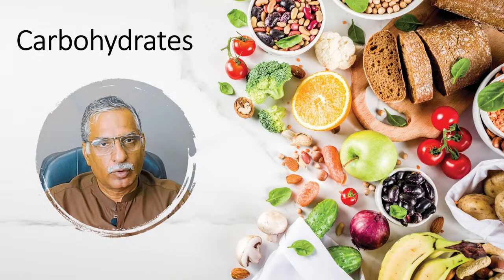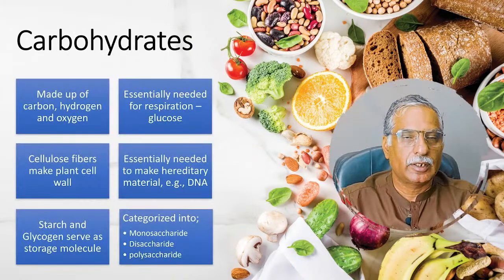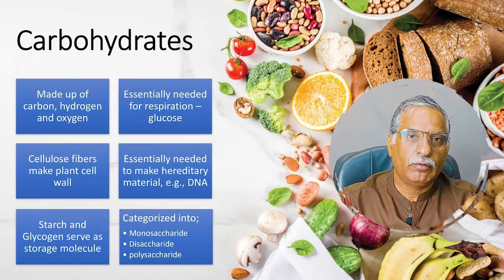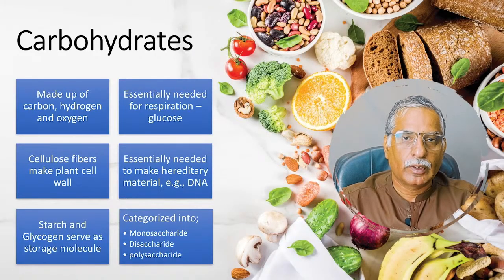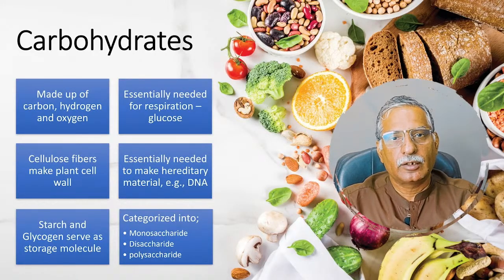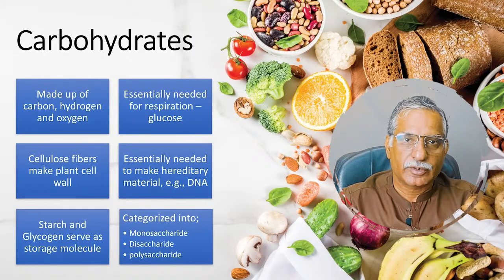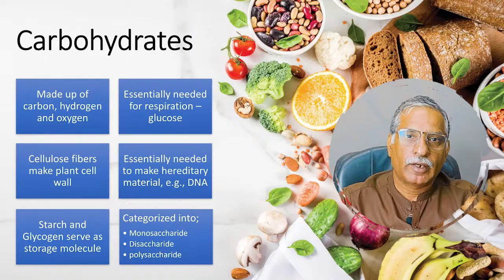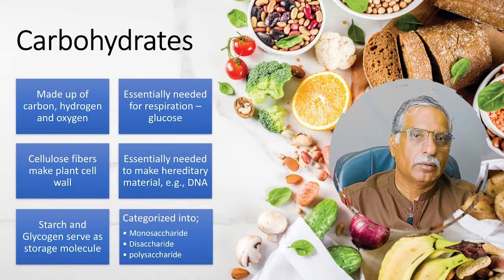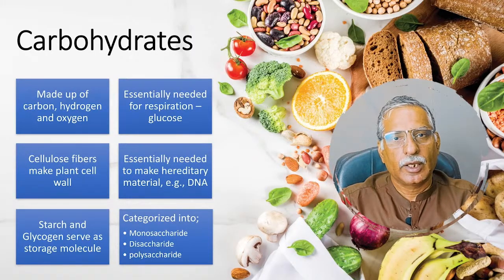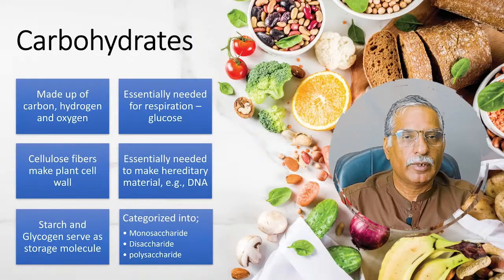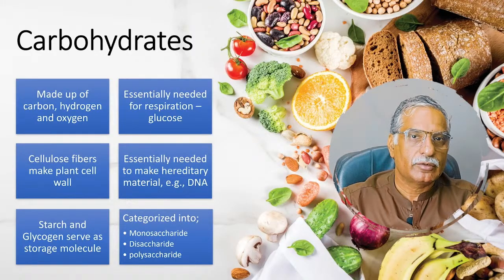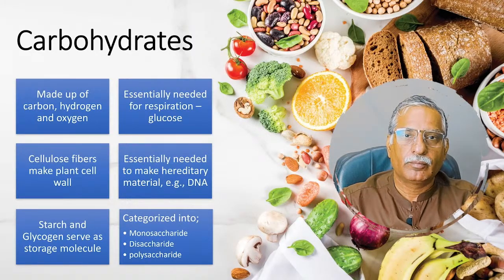Carbohydrates are organic molecules made up of three basic elements: carbon, hydrogen, and oxygen. And they are very, very essential to us. Glucose is the simplest carbohydrate, and it is needed for respiration. 5-carbon sugars like ribose and deoxyribose are needed for making nucleic acids DNA and RNA.